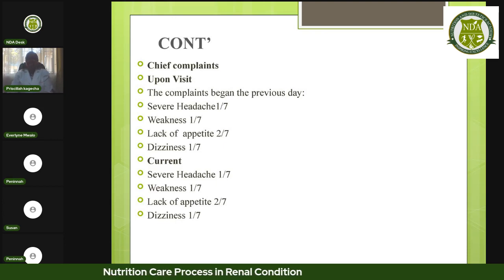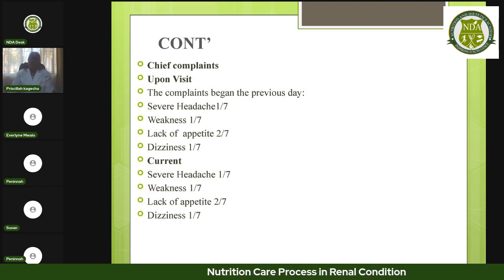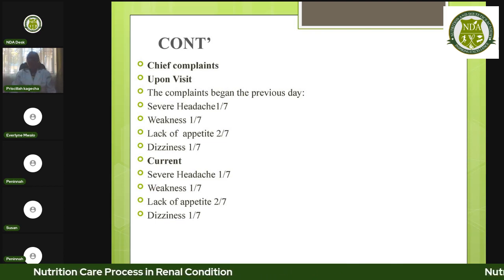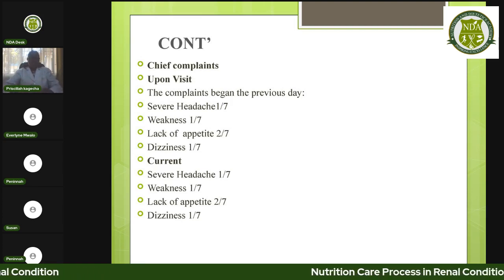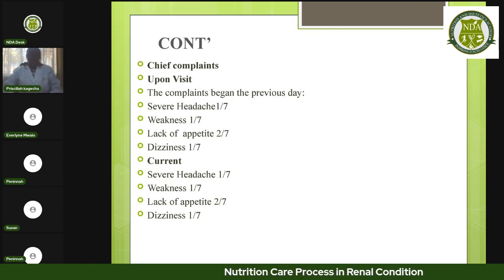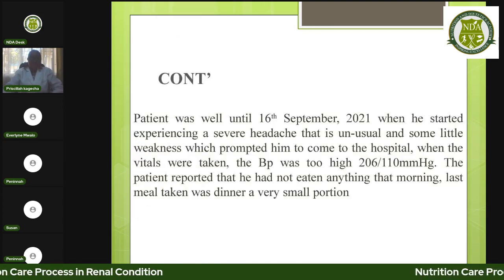The patient has no history of alcohol or smoking, but they have a history of chronic disease in the family. The patient's vital signs were blood pressure of 206/110, pulse of 80, SpO2 94%, and temperature of 36.8.